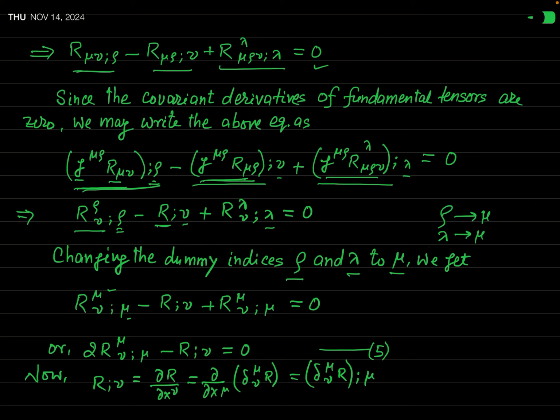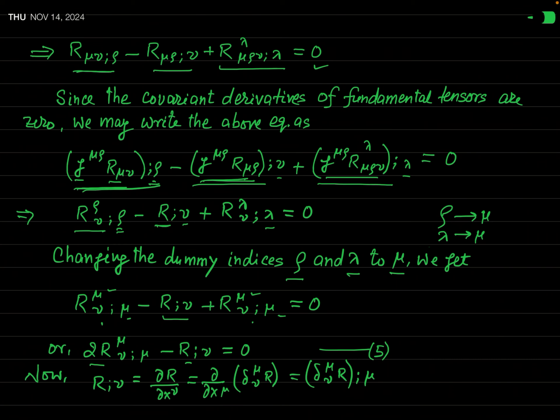The second term stays as it is, because there is no rho or lambda, and in the third term lambda will be replaced by mu. Now the first term and the last term are both the same, so this will be 2 times R mu nu semicolon mu, and the second term stays as it is.